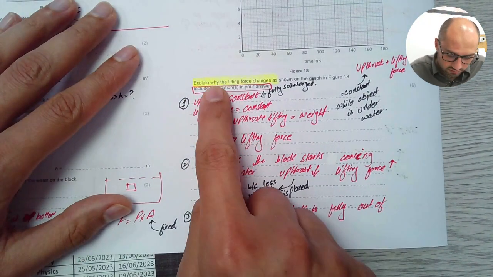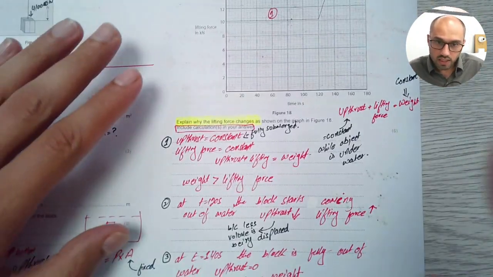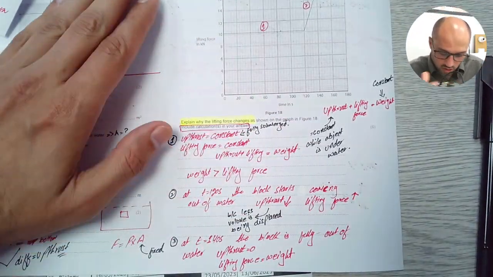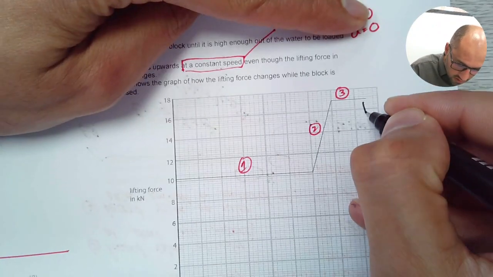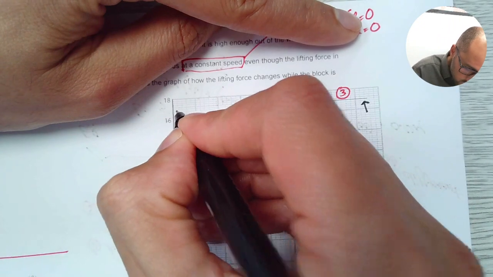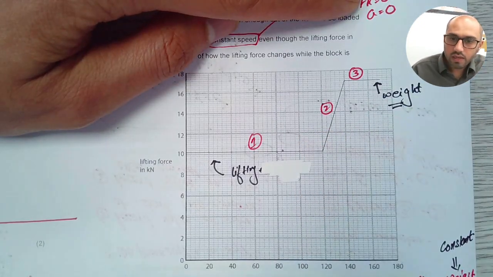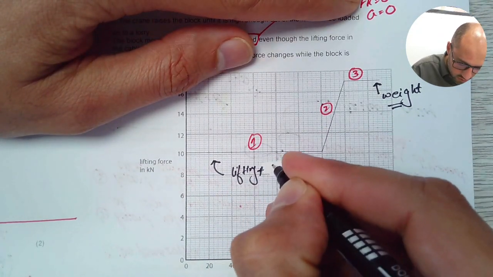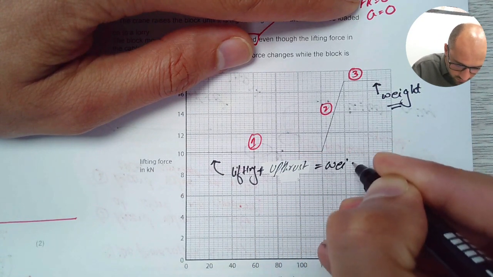So I've discussed the first part of the question where it says explain why lifting force changes. Now we have to include some calculations to gain more marks in this question. If I go back to this graph here, I can see this is when it is completely out of water. So I can say this is my weight force. In section 1, lifting plus upthrust is equal to weight force.